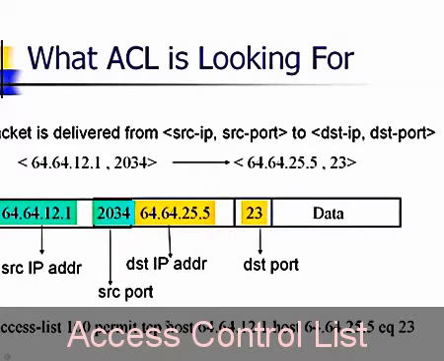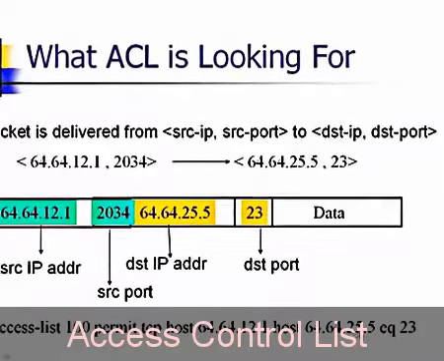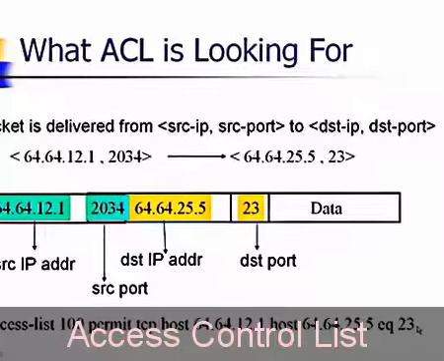In this example, access list 100 is configured to match this packet coming from source IP 64.64.12.1 and going to the destination of 64.64.25.5 on 23.